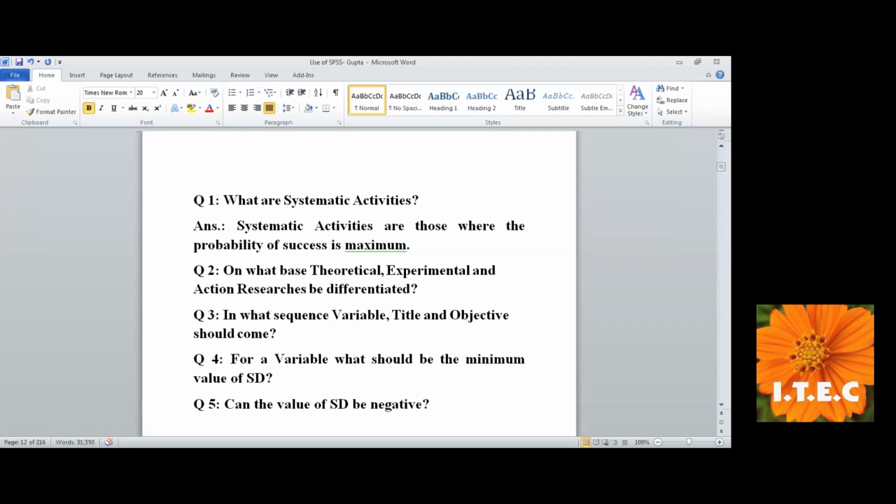And the next question is: can the standard deviation value be greater than the mean? These are additional questions based on today's lecture, so please try to reflect on these and let us see whether you are able to get the correct answer or not.